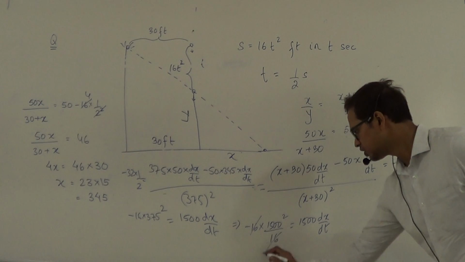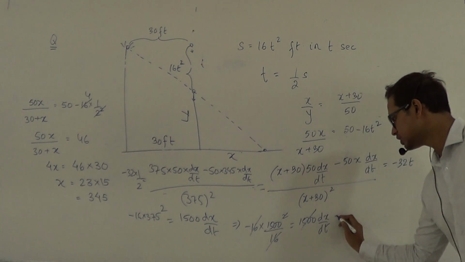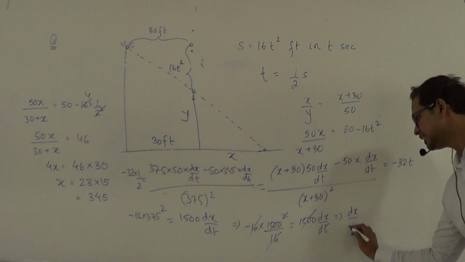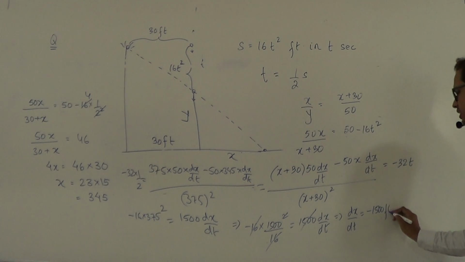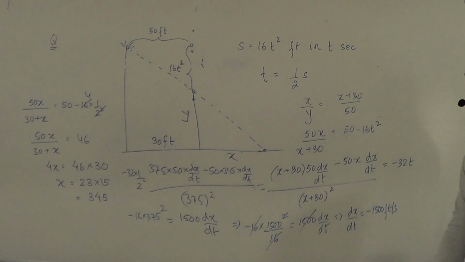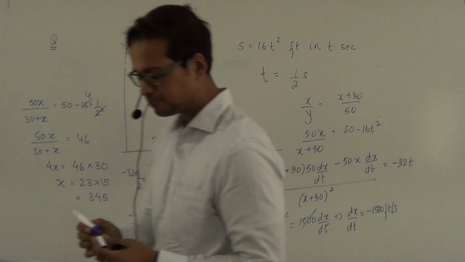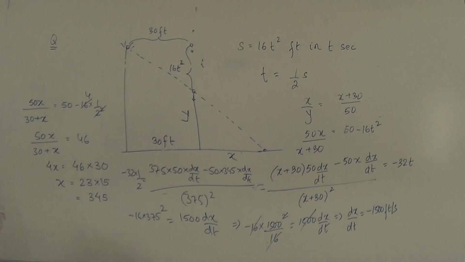So 16 gone, 1500 gone. So this gives you dx by dt is minus 1500 feet per second. So the velocity of the shadow is huge, 1500 feet per second.